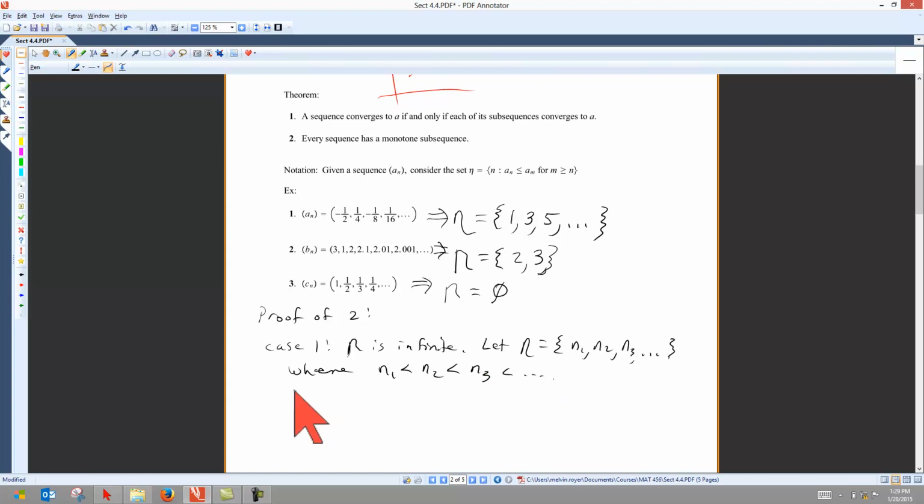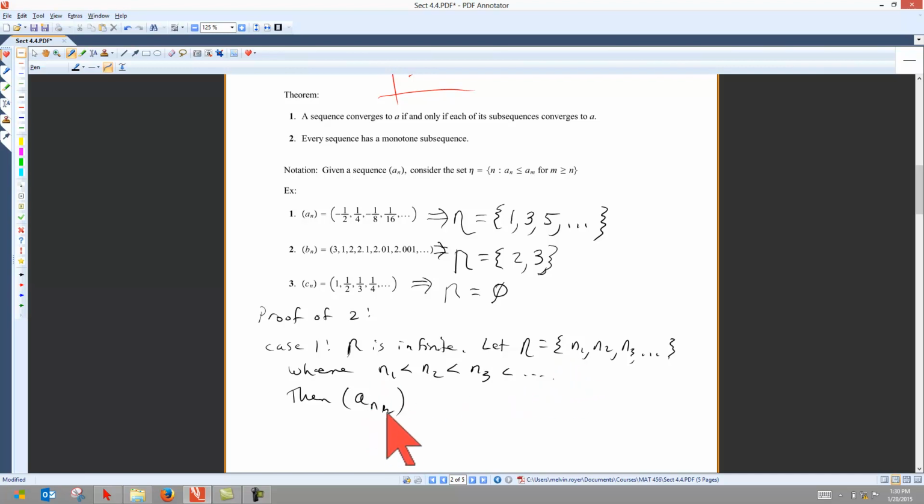Well, what then can we say about a sub n sub k? So that's a_n1 followed by a_n2 followed by a_n3. But the way eta was constructed, everybody that's in eta is as small as anything you'll ever see again.